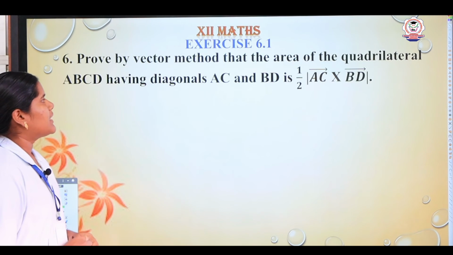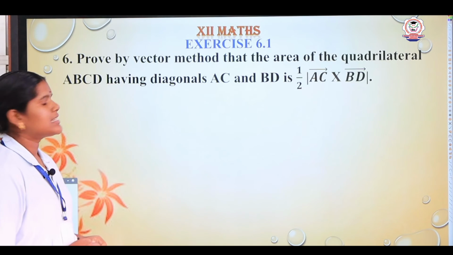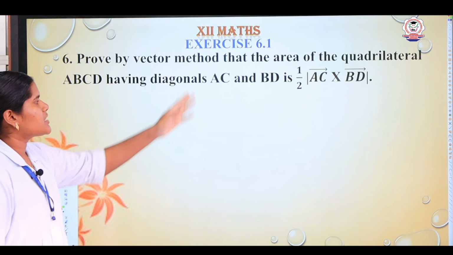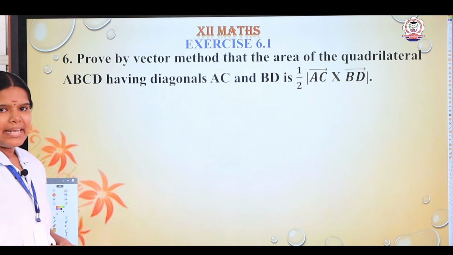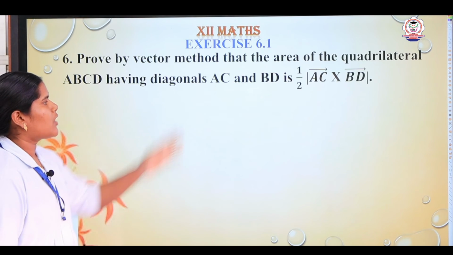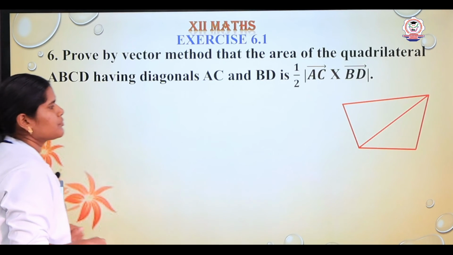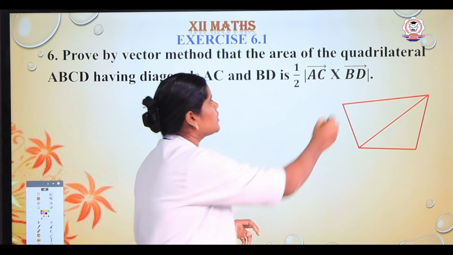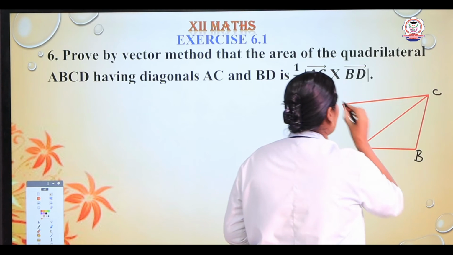Prove by vector method that the area of the quadrilateral ABCD having diagonals AC and BD is half of the magnitude of AC vector cross BD vector. So first I am going to draw a quadrilateral. So this is the quadrilateral ABCD.